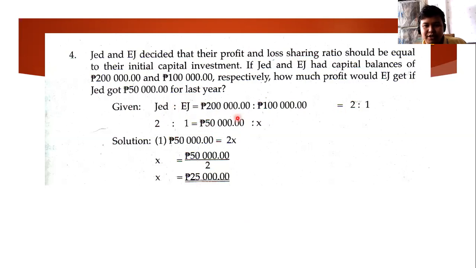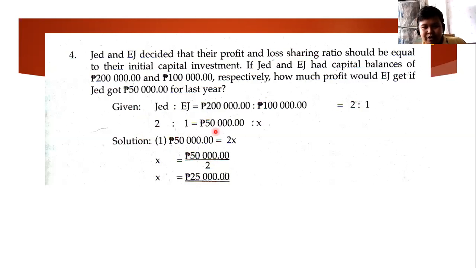So Jed has 50,000. So 2 and 1, we use means and extremes. 50,000 times 1 is 50,000, the means.